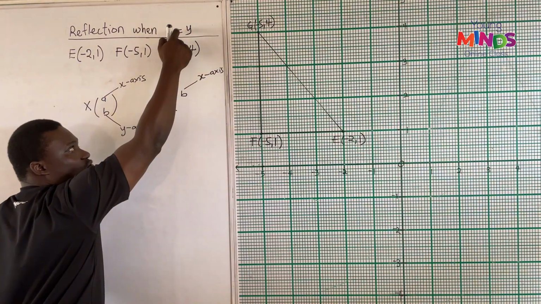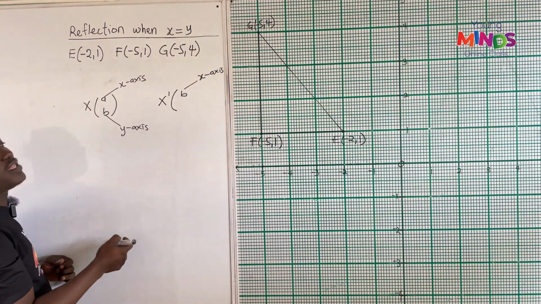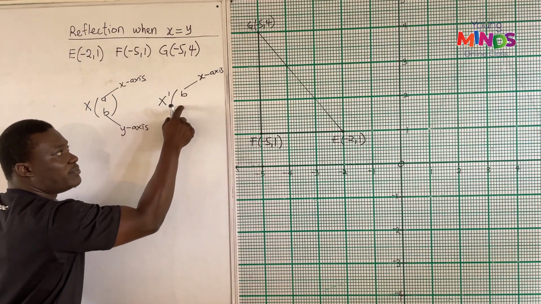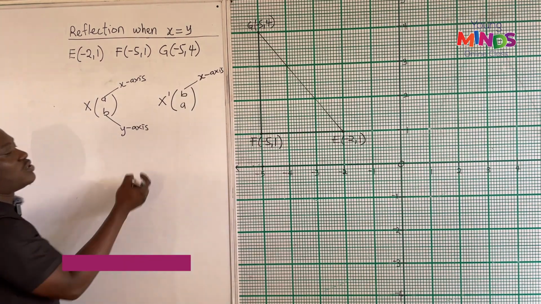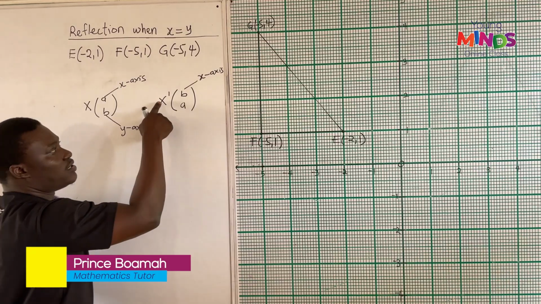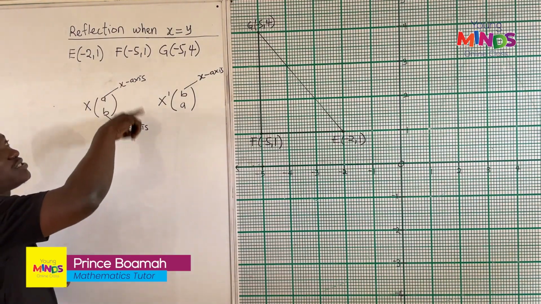So if x is equal to y, then y will also be equal to x. If that is the case, then in place of the y-axis for its image, we can put the x. So here will be A. So now the image of point A, B will be B, A, because x is equal to y.